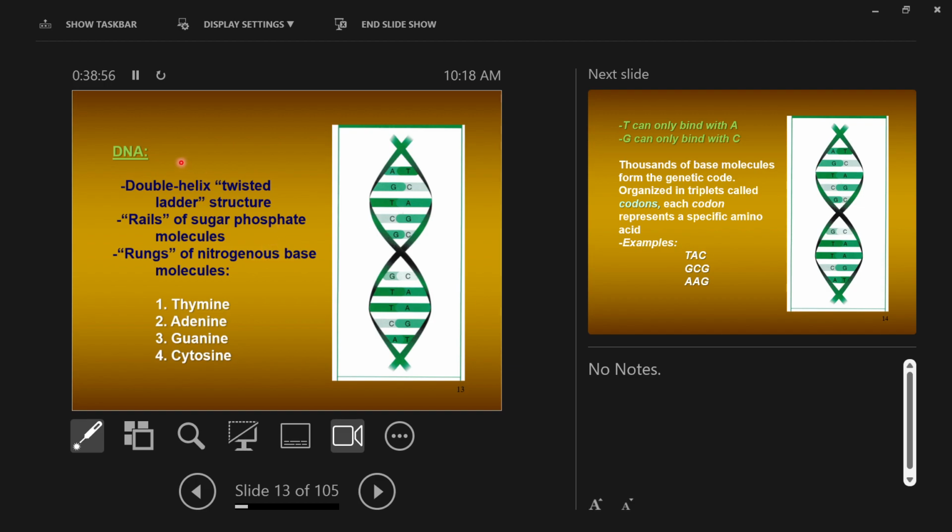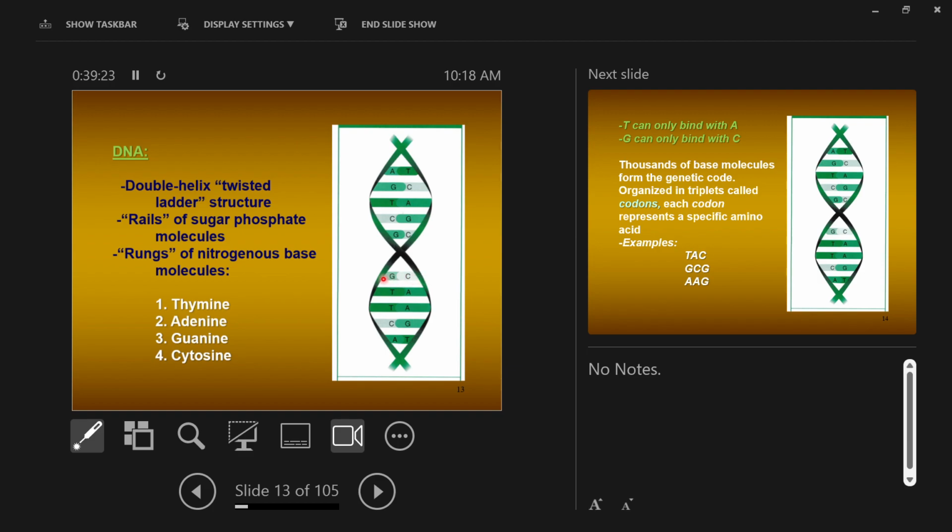So DNA, standing for deoxyribonucleic acid, okay? If you see RNA, that's just ribonucleic acid. The difference is that DNA is double-stranded, where RNA is single-stranded. The strands that I'm referring to run vertically on the screen here and twist around, and they are connected by what we would call rungs.